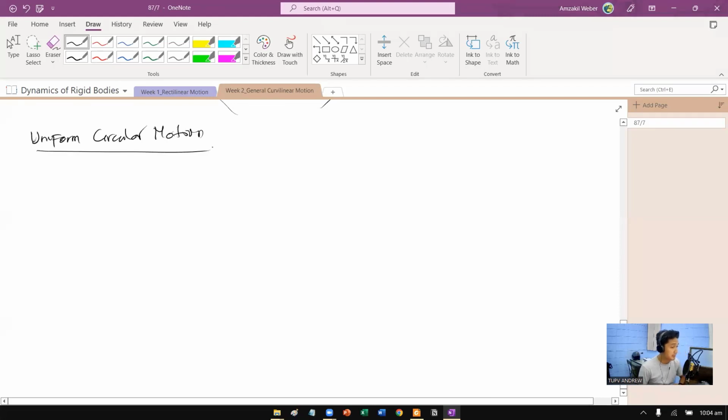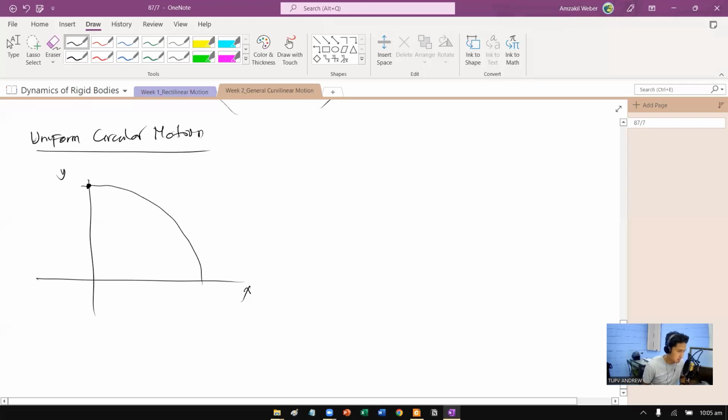Uniform circular motion is a special type of general curvilinear motion. Uniform means the magnitude is constant, and circular motion means the path. I will draw just a quarter of the circle. This is the x, this is the y.